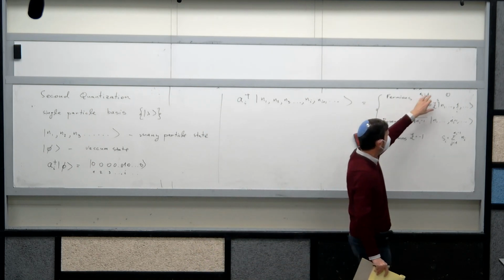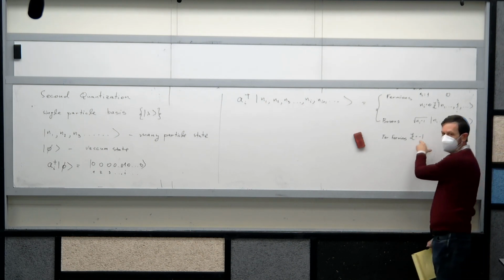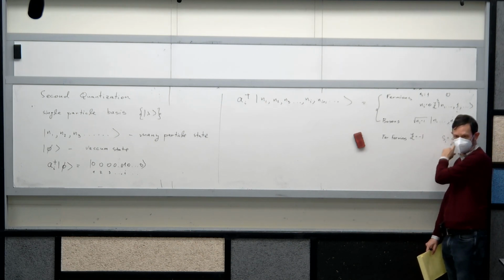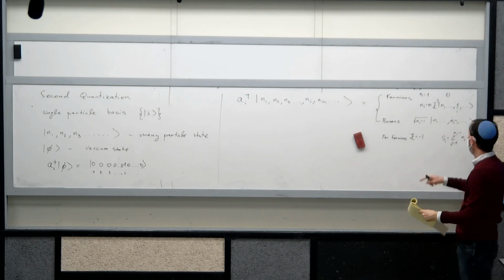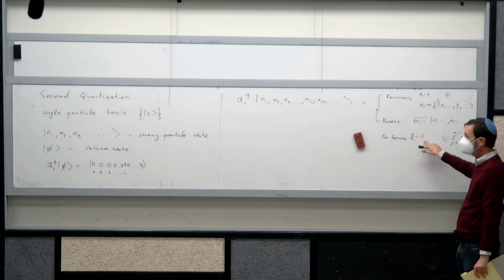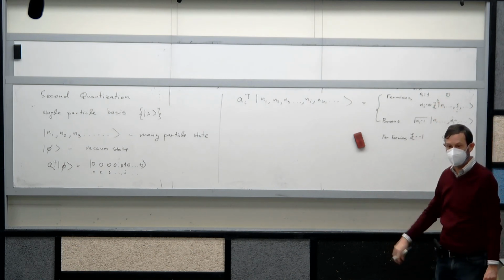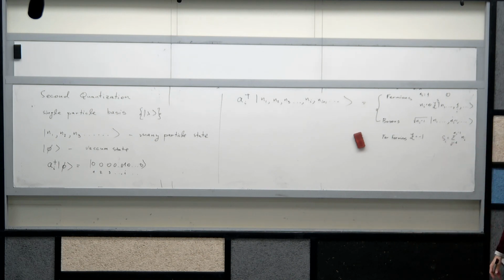Fermions, I have to worry, is it occupied? And if it's not occupied, I should correct the minus sign according to what's written here. What does it mean? I sum up the number of particles up to position i, and take -1 and multiply it the number of times that I have the particles.